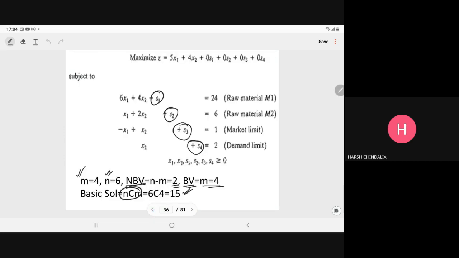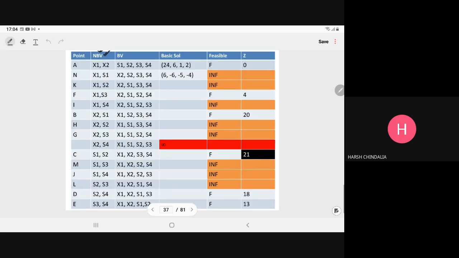When we say non-basic variable, it means x1 = 0 and x2 = 0. So when we put x1 = 0 and x2 = 0, then s1 = 24, s2 = 6, s3 = 1, s4 = 2. So that will be our basic solution.